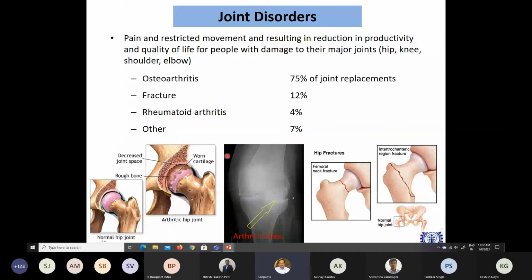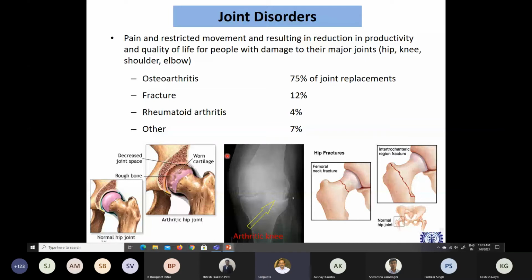Now, what are the disorders? As you all know, we are mostly normal people, and we do a lot of activities throughout the day. But with time, there can be many joint diseases, particularly degenerative diseases, that can affect the joint and result in disruption in your movement as well as a lot of pain.